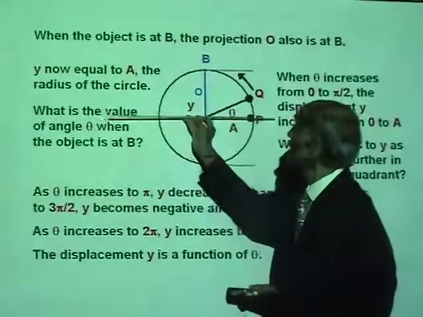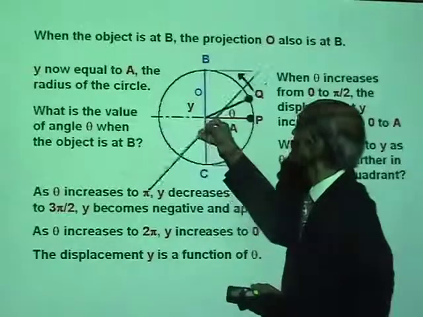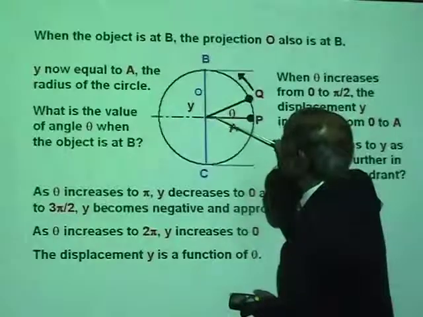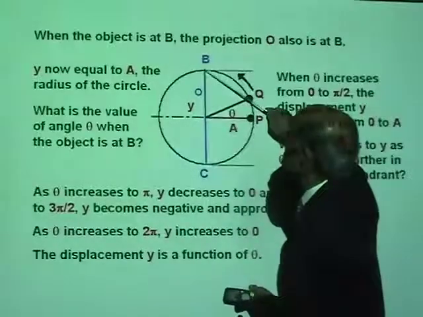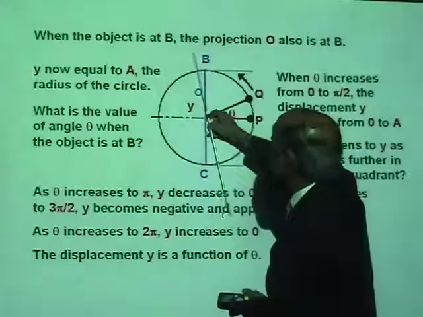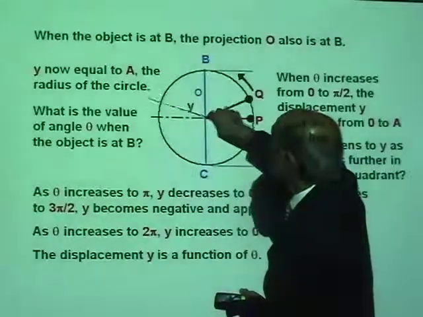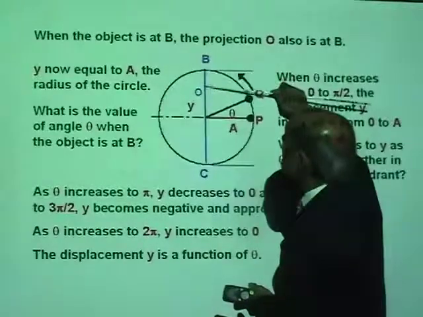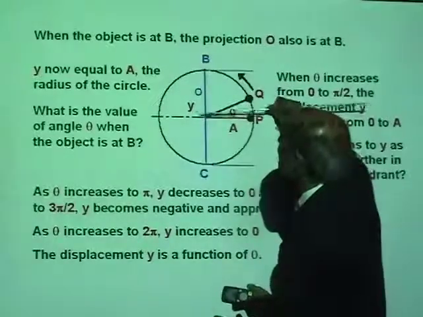As the angle theta increases from 0 to pi by 2, the displacement y increases from 0 to A. And as the angle increases from pi by 2 to pi, the displacement decreases from A to 0.